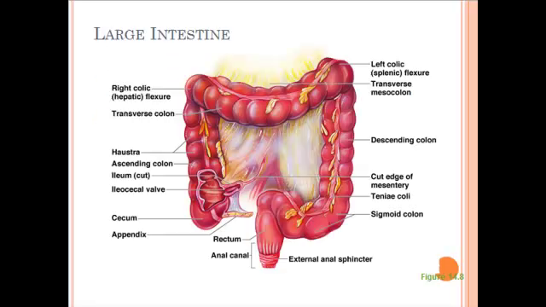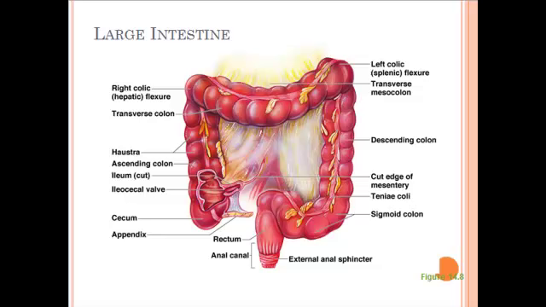It doesn't have any of the folding that the small intestine does, because its job isn't as much to absorb or digest, or do any mechanical digestion, and so the food is simply moving through. We are absorbing some things, mainly water, but we're preparing what's left over to be defecated from the body.